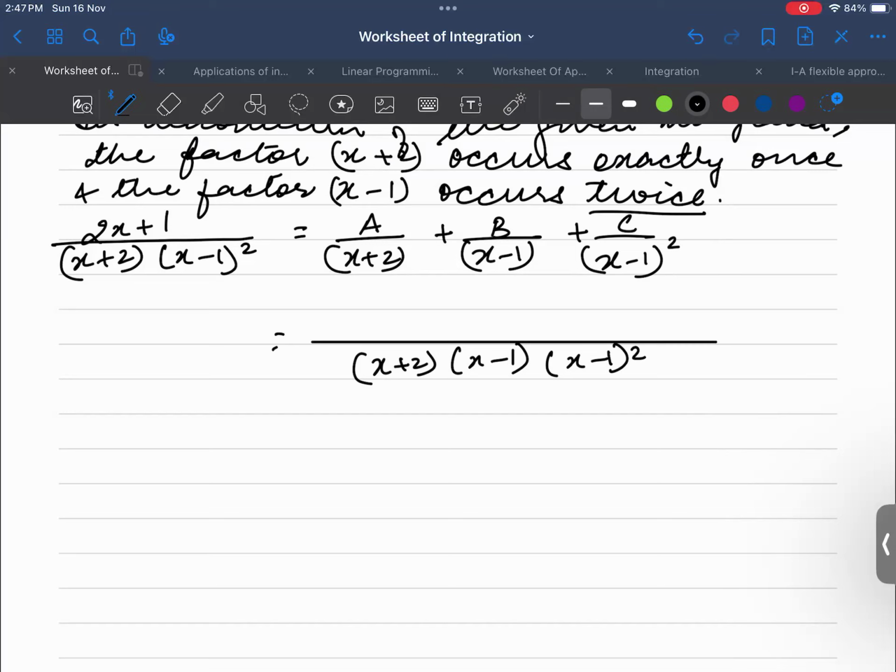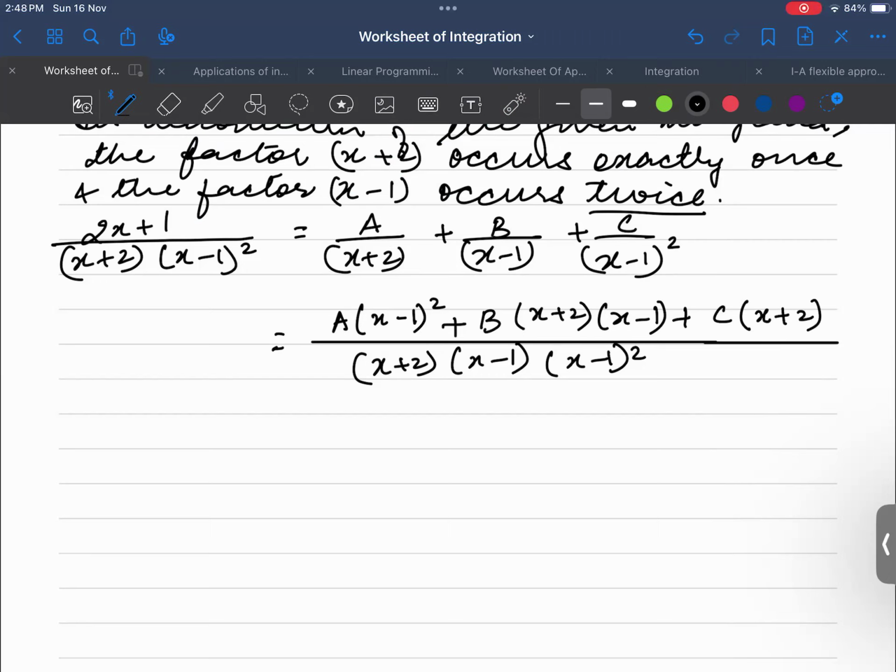It would be A, just give me a second. Okay, my phone was ringing. Right. A(x minus 1) whole square plus B, it would be (x plus 2)(x minus 1) plus C, it would be (x plus 2).